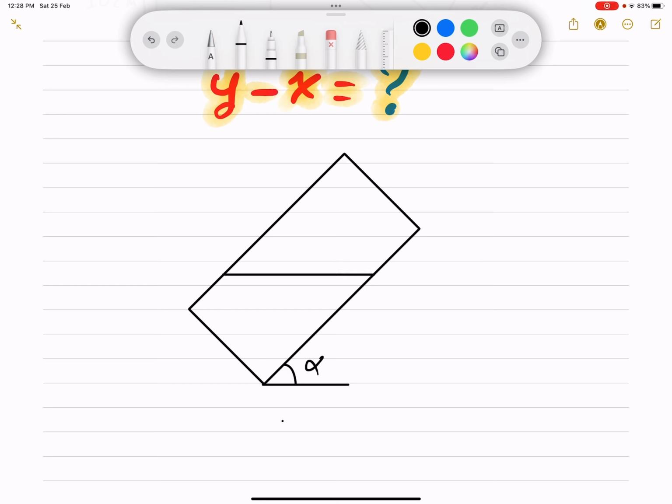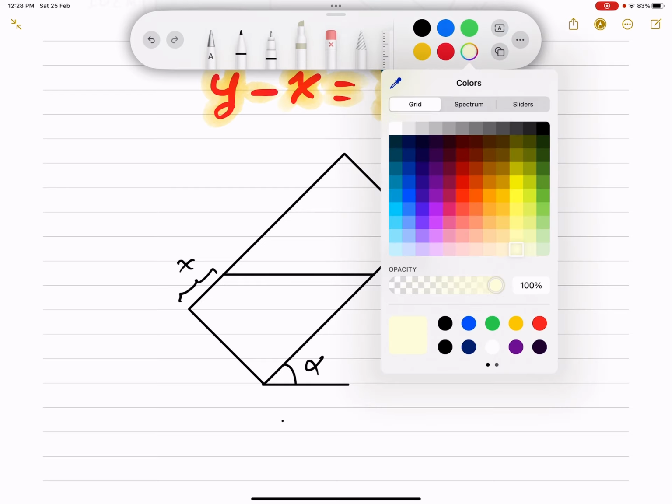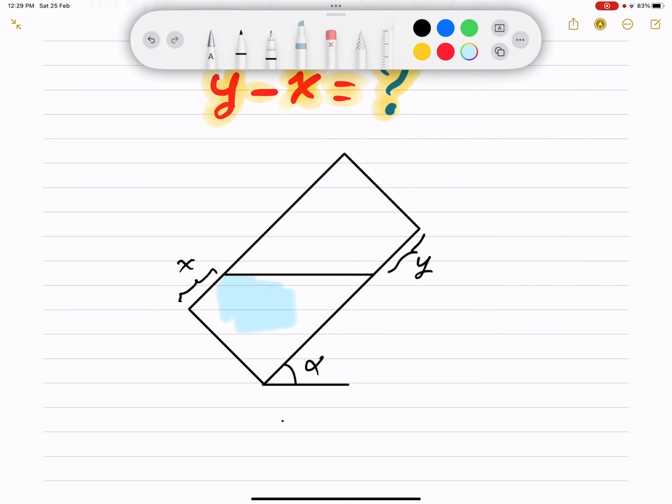This length here is x and this length here is y, and this is basically the water in the cylinder. The volume of this water is the same in both cases. Let me just highlight it quickly. So this is the water.